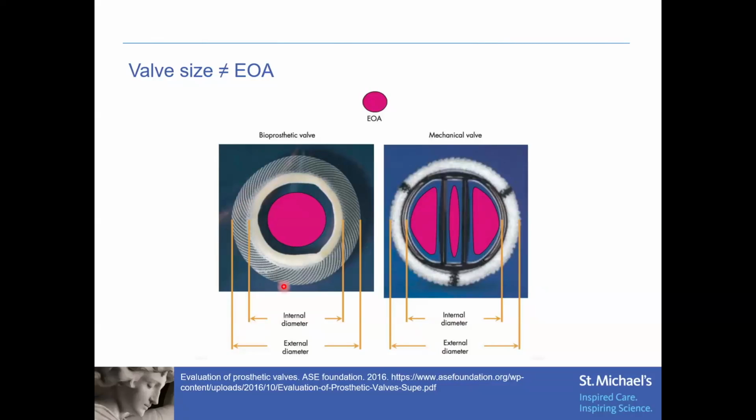The EOA is within the internal diameter, so even the internal diameter would overestimate the EOA. And with the mechanical valve, with a bileaflet, the EOA is what's shown in pink here, divided between the central orifice and the two lateral orifices. So using just the stent size would not be appropriate, and so they obviously recommend against doing that.